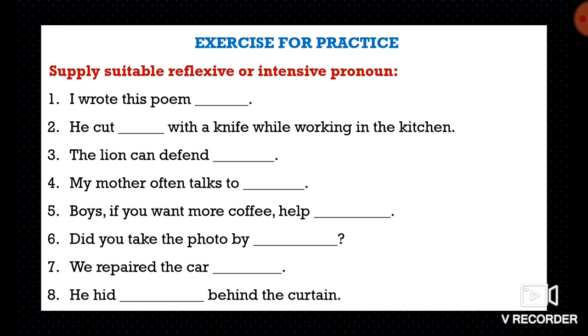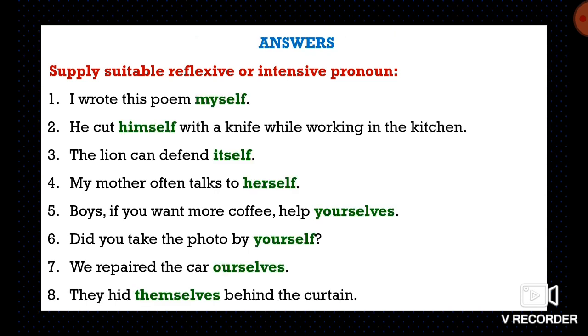Now let's have a look at the answers. First sentence is, I wrote this poem myself. Second, he cut himself with a knife while working in the kitchen. Third, the lion can defend itself. Fourth, my mother often talks to herself.